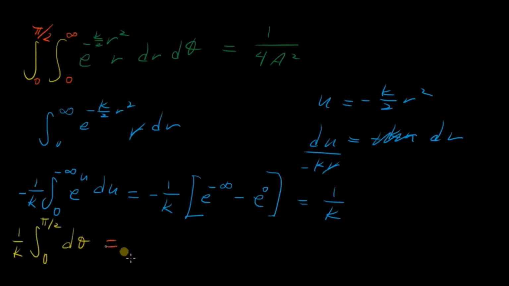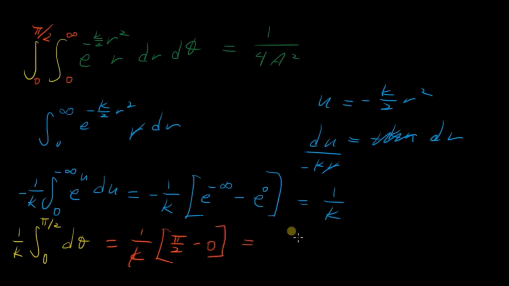Okay, so theta, this is just going to be the integral of 1, so that's just going to be theta. And then we're going to plug pi over 2 into theta and 0.